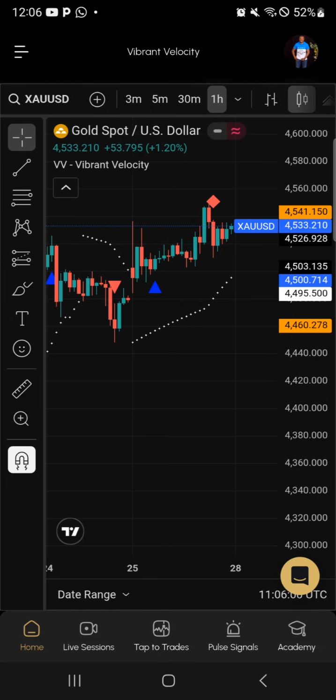So now, I will explain the three things that stand for buy signals or buy direction in velocity scanner.